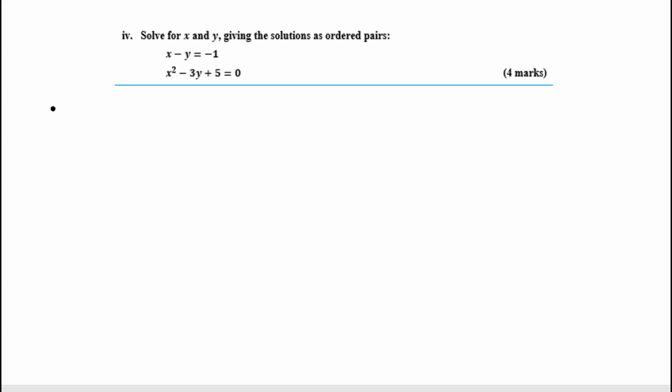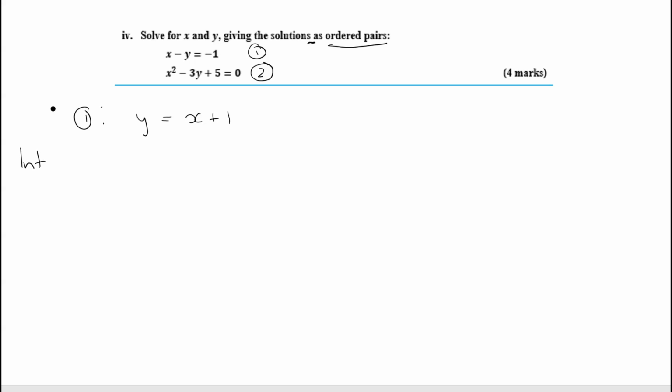Look, solutions as ordered pairs. So both of those things are important. From the first, we can rearrange that to give us y is equal to x plus 1. Or you could have done it the other way round and found x. It doesn't matter. Both are acceptable.